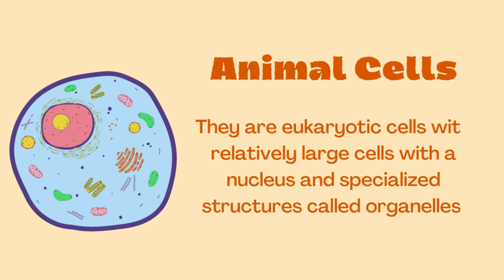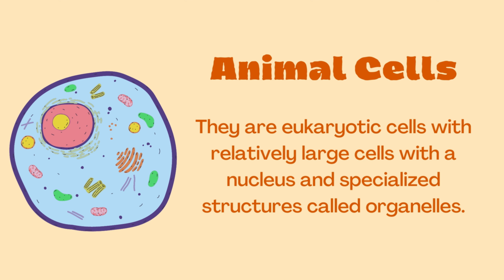What is the animal cell? Animal cells are eukaryotic cells, relatively large, with a nucleus and specialized structures called organelles. Eukaryotic means that they have a well defined nucleus, and the other type is the prokaryotic cells, in which the nucleus is not well defined.